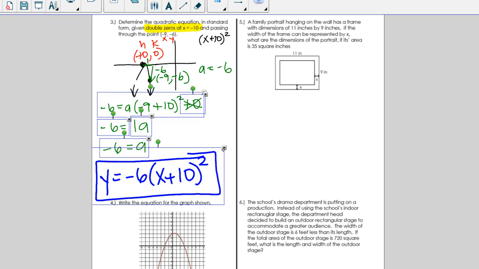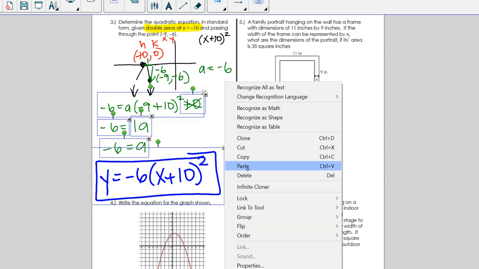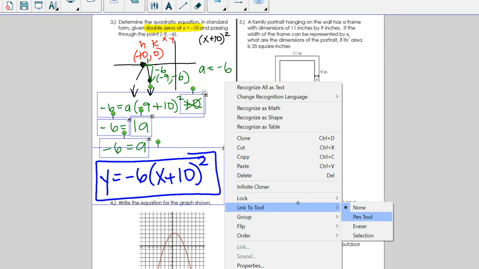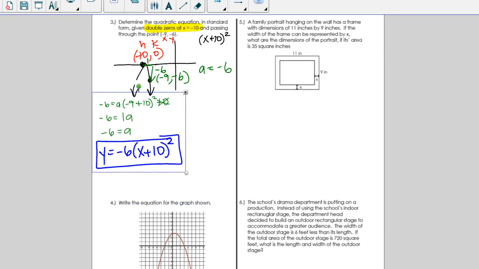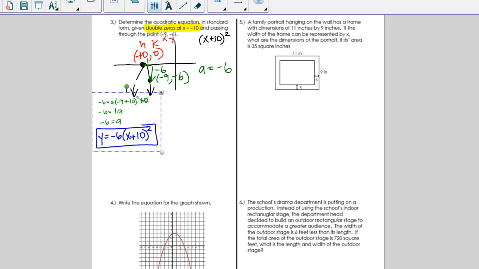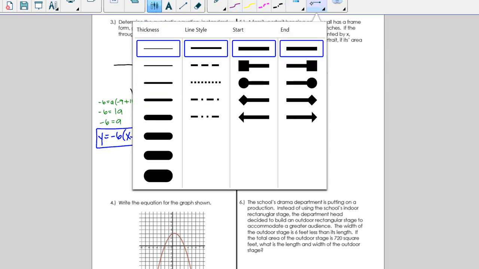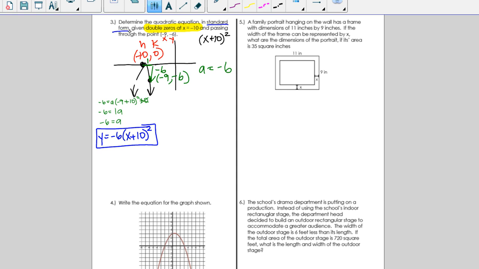Wouldn't that be great? All right, so I'm gonna just move this together. There we go. Okay. So that would be if I wanted vertex form, but as I clearly stated, I wanted standard form right here. So this is y equals -6 times x plus 10 times x plus 10 because there's 2 of them.